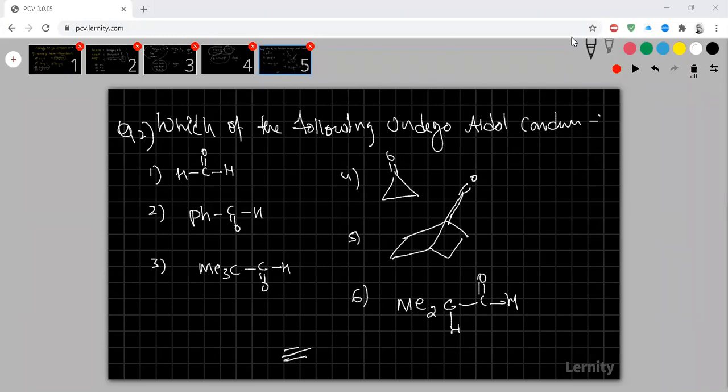So which of the following will undergo aldol condensation? Compounds containing alpha hydrogen. Yes, compounds containing alpha hydrogen, that is the correct statement. But I am asking, out of the 6, which will undergo aldol condensation?